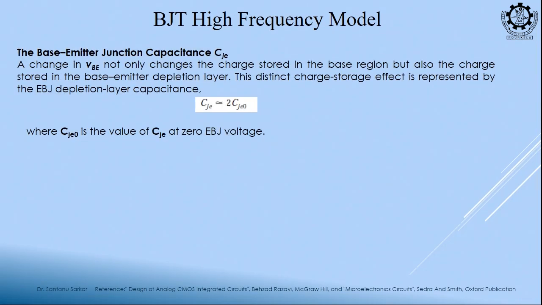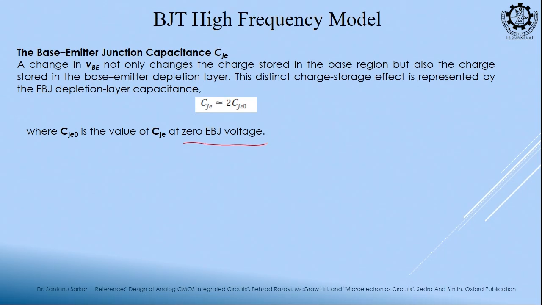Similarly, another term is the base emitter junction capacitance. One is due to the base transit time, CDE, and another is due to the junction, CJE. Suppose when your voltage is 0, the junction capacitance is CJ0. Your total junction capacitance is roughly twice that value when the base emitter junction voltage is 0.